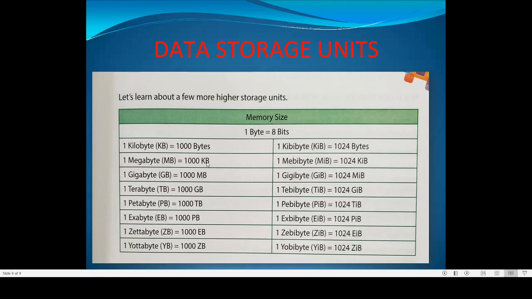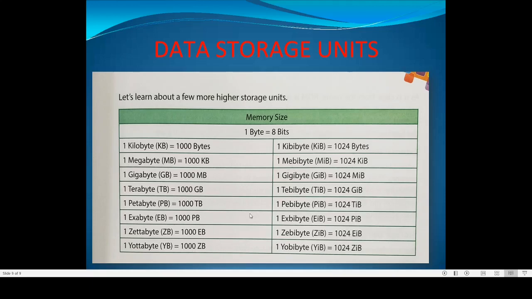Then again here 1 megabyte is equal to 1000 KB. 1 gigabyte is equal to 1000 MB. 1 terabyte is equal to 1000 GB. 1 petabyte is equal to 1000 TB.